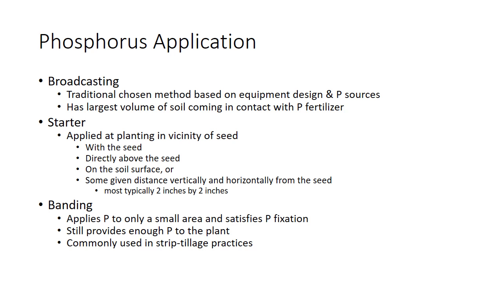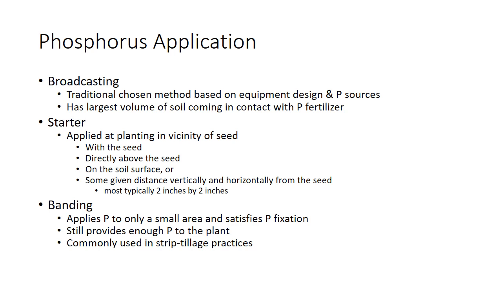And I should say one more benefit of banding is the phosphorus is actually put below the surface, whereas broadcast, the phosphorus is applied to the entire surface. The advantage of banding is that because the phosphorus is below the surface, if there's erosion, that sediment is not going to be as phosphorus laden as it would be if it was soil eroded from a field where broadcast phosphorus was applied.